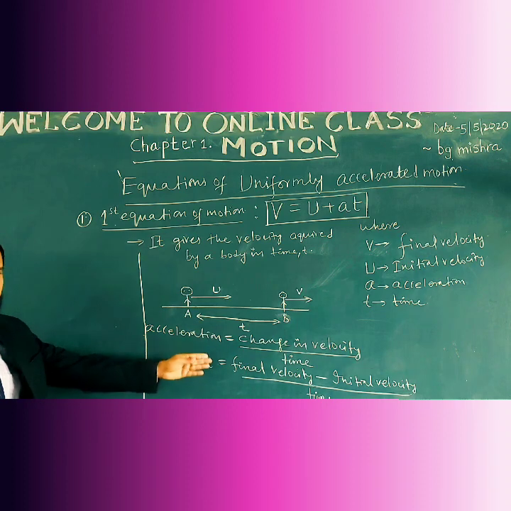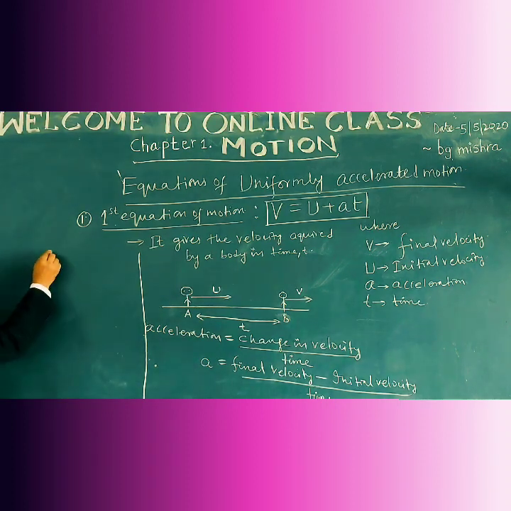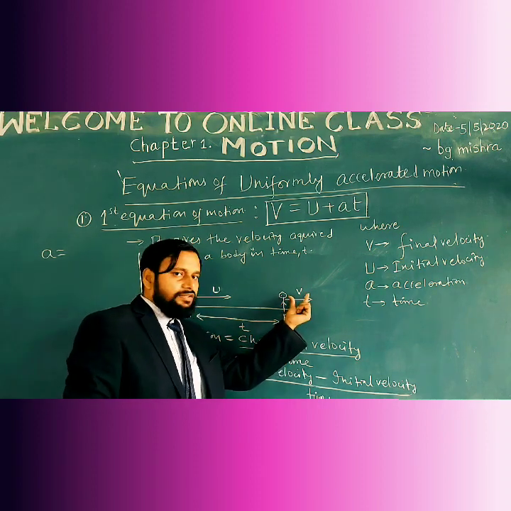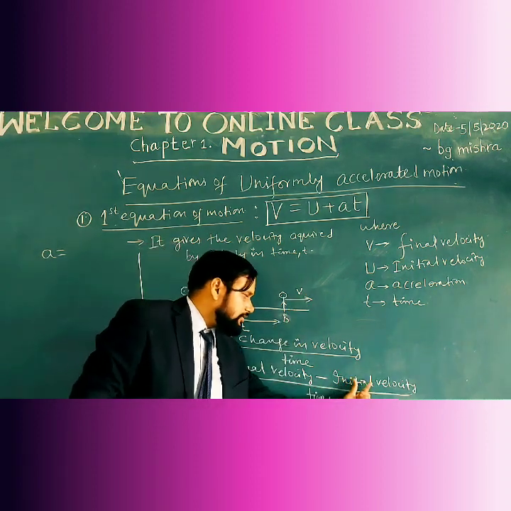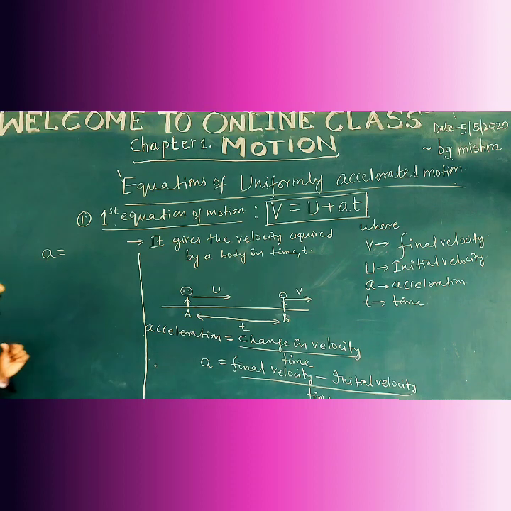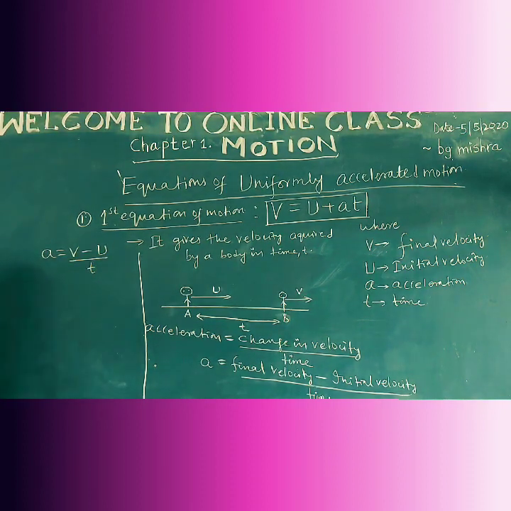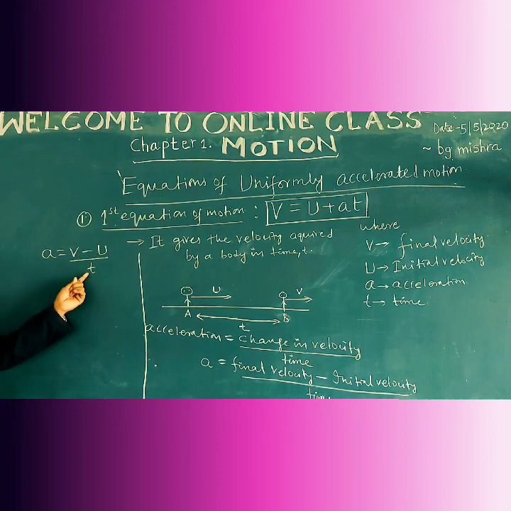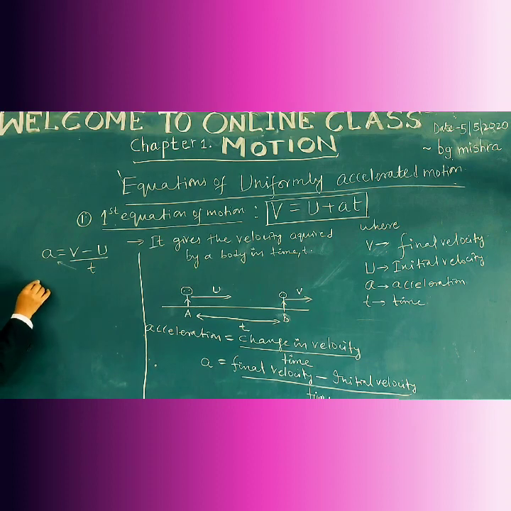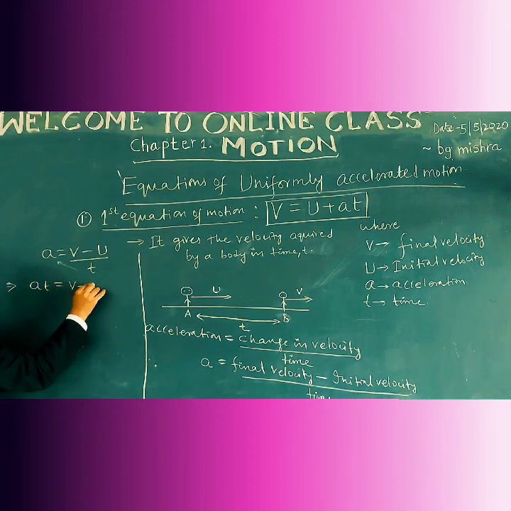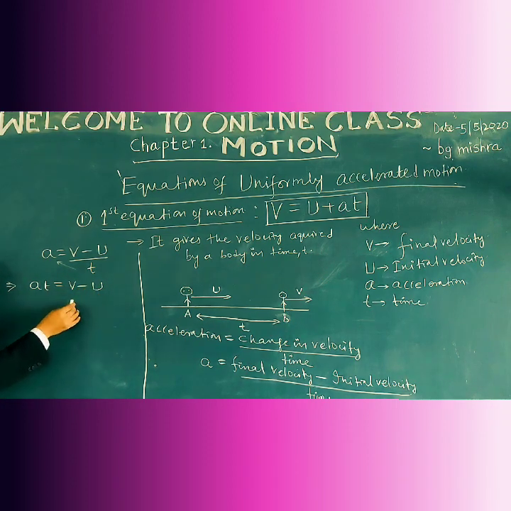See, I will write here the next part. So a equals to how much? What is the final velocity? Final velocity is v. What is the initial velocity? Initial velocity is u. v minus u upon t. Now multiply with this. So a into t, at equals to v minus u. Now take this part to here.